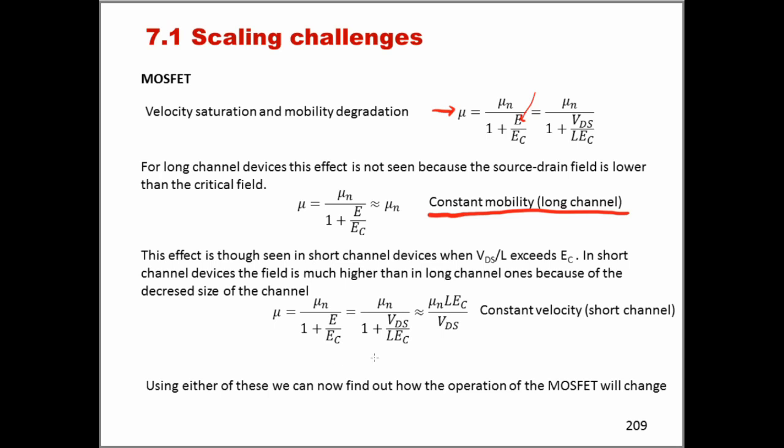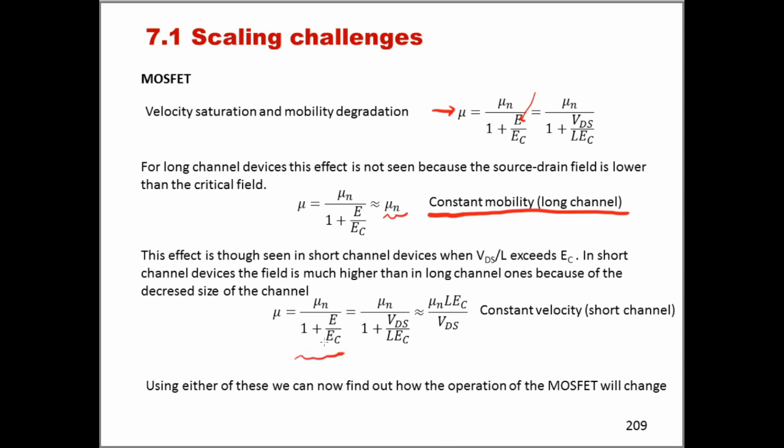But if we are in a short channel transistor, then we need to take into consideration the exact value of the electric field. So if the electric field in the channel is smaller than the critical value, we can still consider this value of the mobility. But if not, we need to say that the mobility is actually given by this formula.